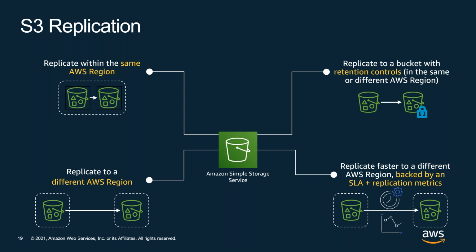But we have that ability to replicate to same or cross region. And why would somebody want to replicate within the same region? A lot of times with data lakes, for example, when you have all your applications copy your objects into a single S3 bucket, you may want to keep that as a single source of truth, but you may have development work that needs to happen, and you don't want them accessing that source of truth.